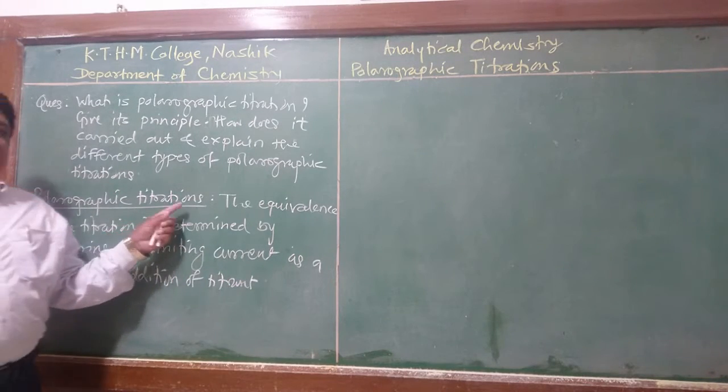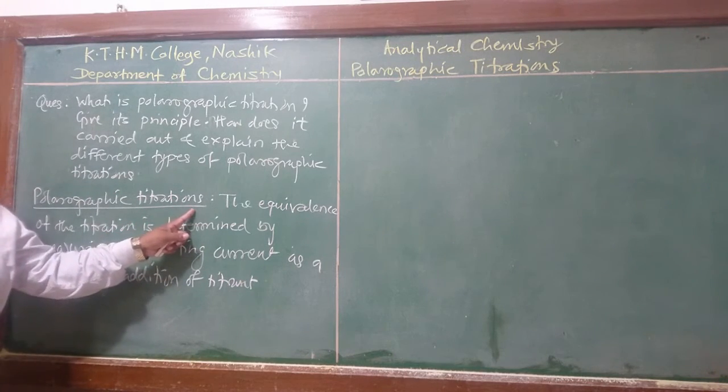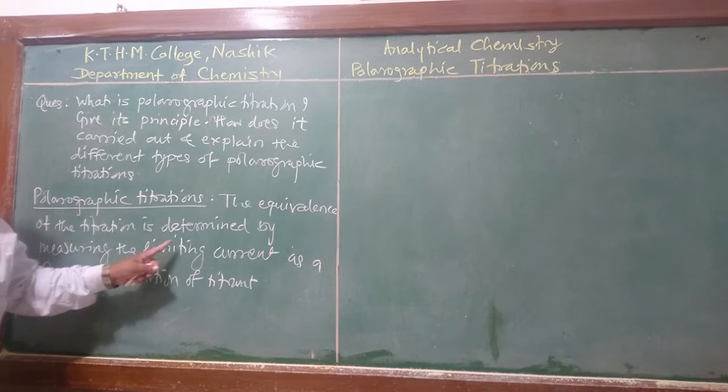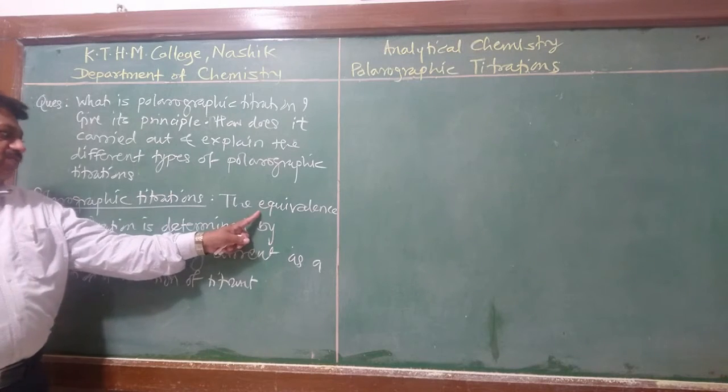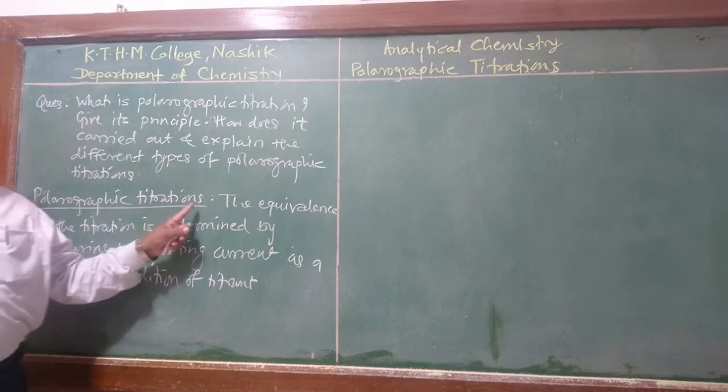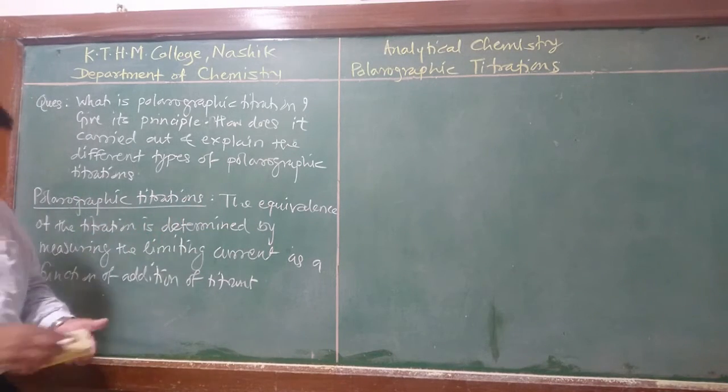Therefore, in polarographic titration, diffusion current or limiting current is measured as a function of ml of titrant added for determination of the equivalence point, and those titrations are called polarographic titrations.